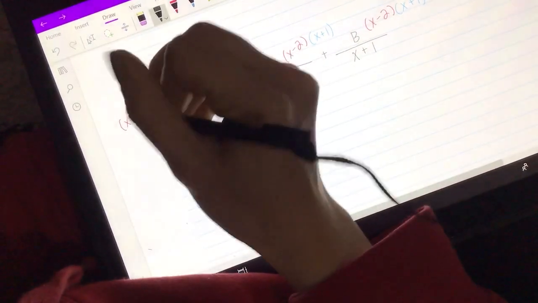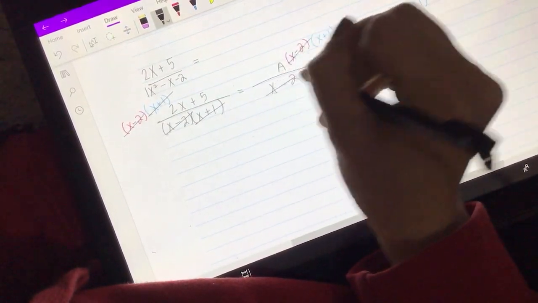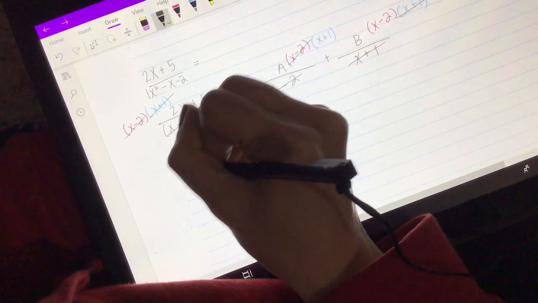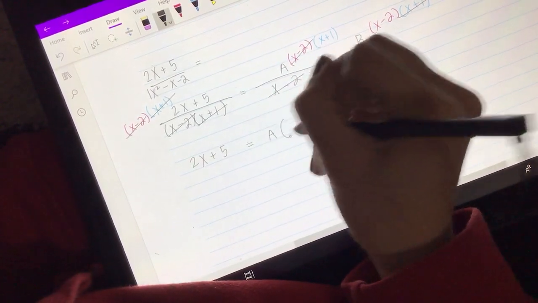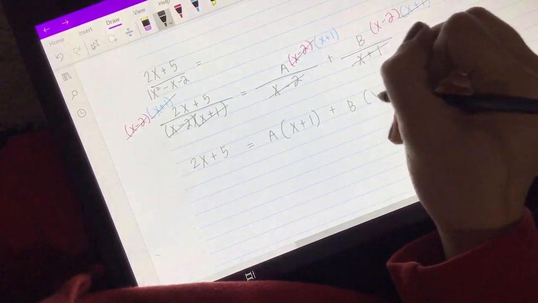All right, cancel out common factors and rewrite what's left over. So on the left side, we have 2x plus 5. On the right side, we have A times x plus 1 plus B times x minus 2.